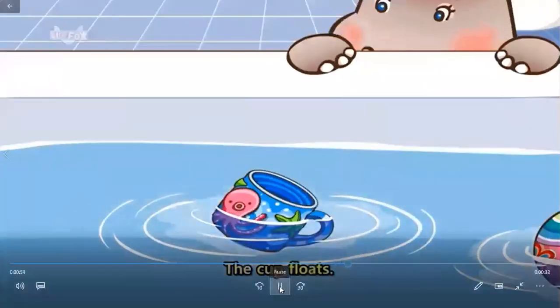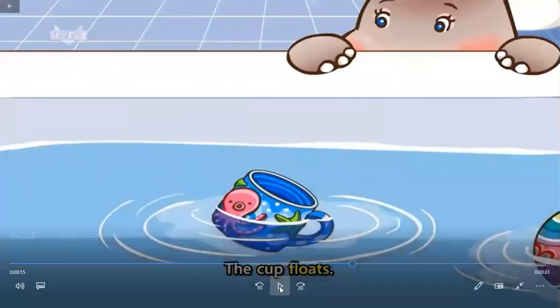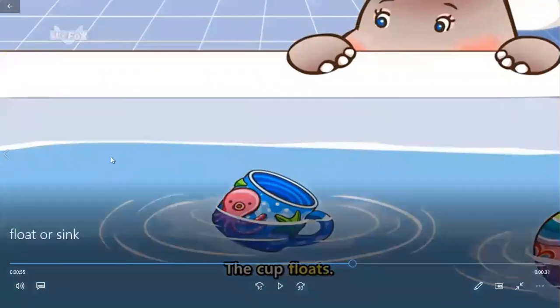The cup floats. Float. Look. Float means to stay above the surface of water. So, the cup floats.